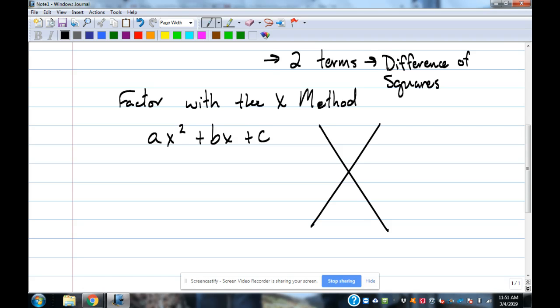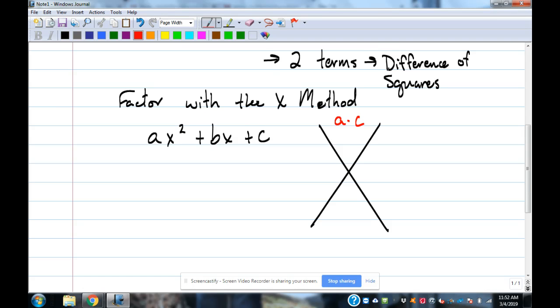The 2 spaces that we're going to get from the problem are the top and the bottom. Okay, the top comes from multiplying A times C. Whatever number is in front of x squared, we're going to multiply it times the C, the plain number on the end. That answer is going to go up top every time.